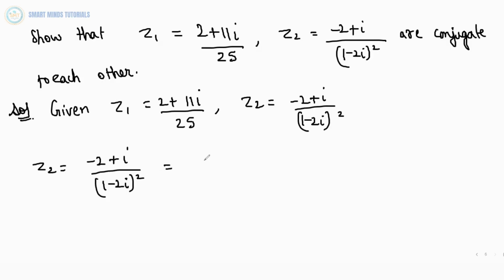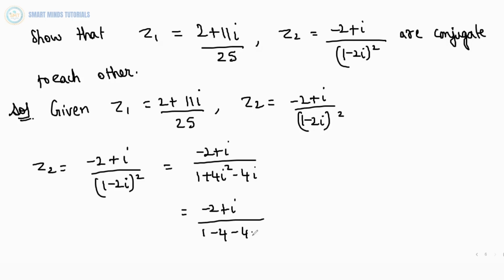Now open the brackets, the denominator we will open: a minus b whole square is a square plus b square minus 2ab. So that is minus 2 plus i by 1, 4i square will be minus 4, minus 4i. That is equal to (minus 2 plus i) by (minus 3 minus 4i).